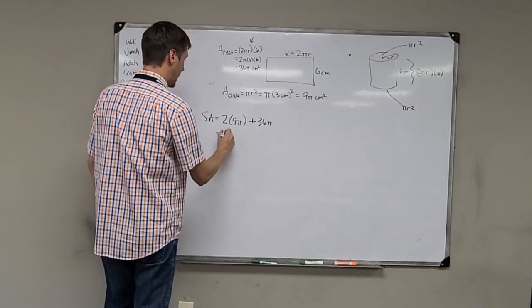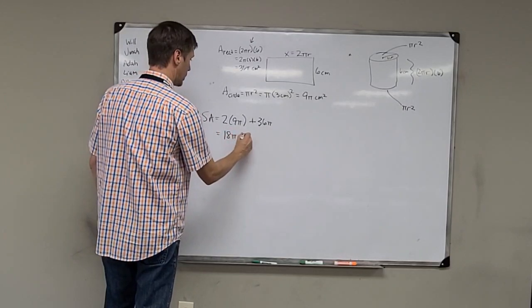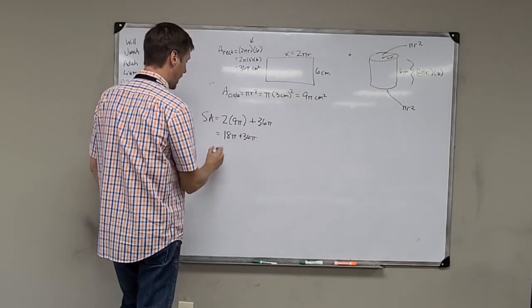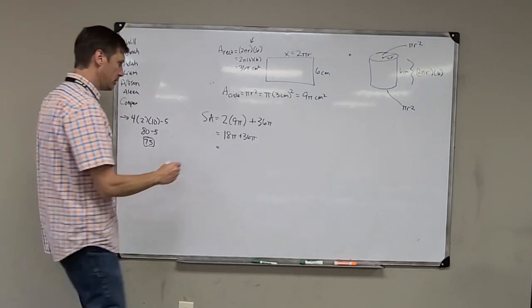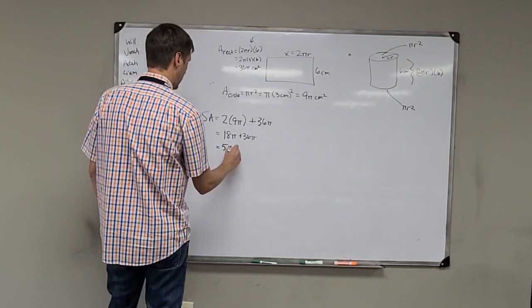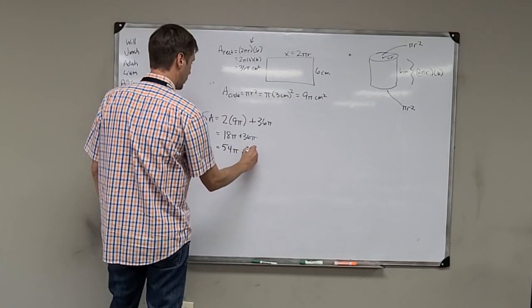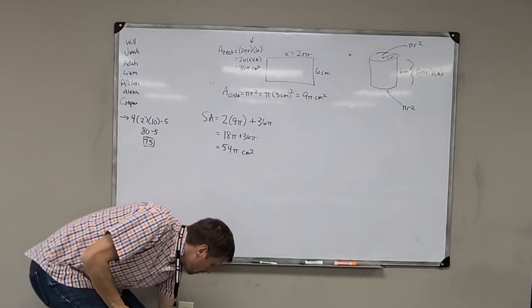And so that gives me 18 pi plus 36 pi. If I add 18 and 36 together, I get 54. Is that right? 54 pi centimeters squared. Does everybody agree with that? Yep.